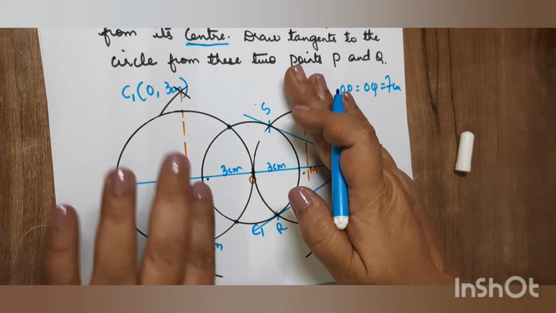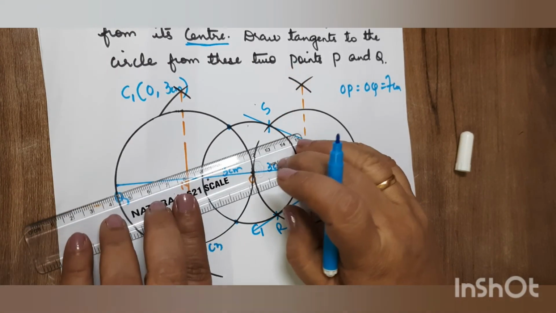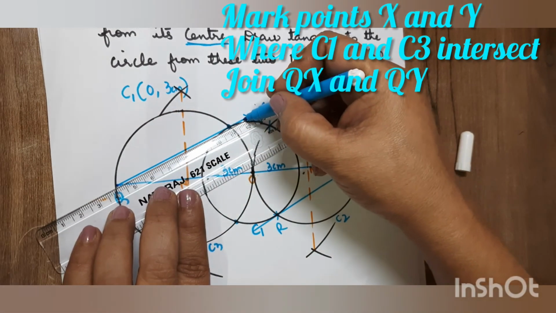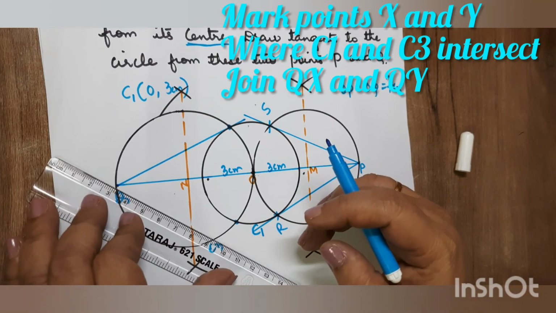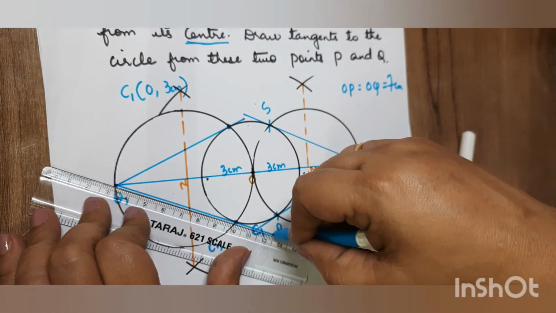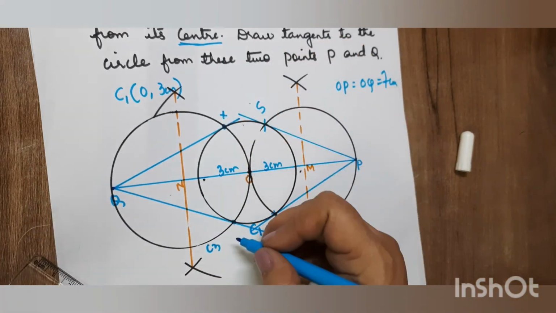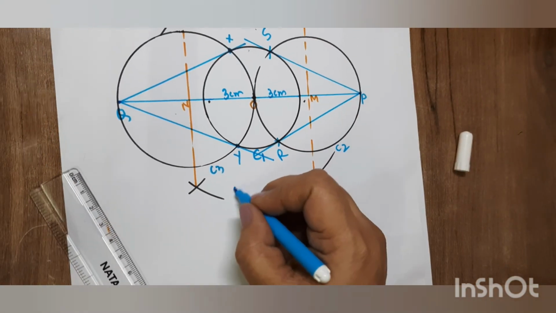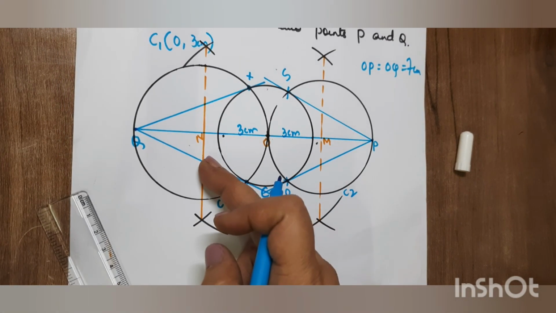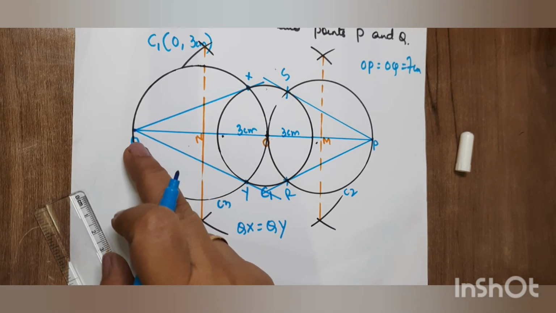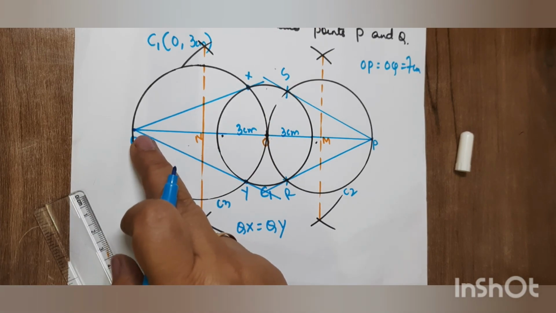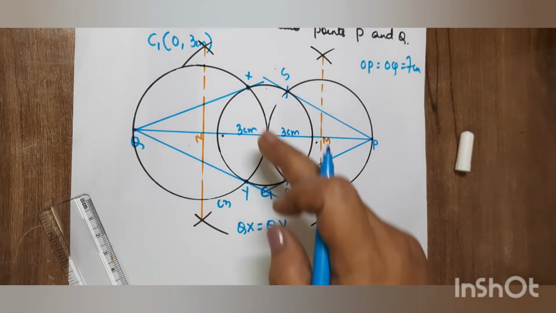From here we draw this point and this one, C3, where C1 intersects C3. Forget about the circle on this side. From Q here, you can name these X and Y. So QX will be equal to QY, and they are tangents from the external point Q, the extended point on the diameter, to circle C1.